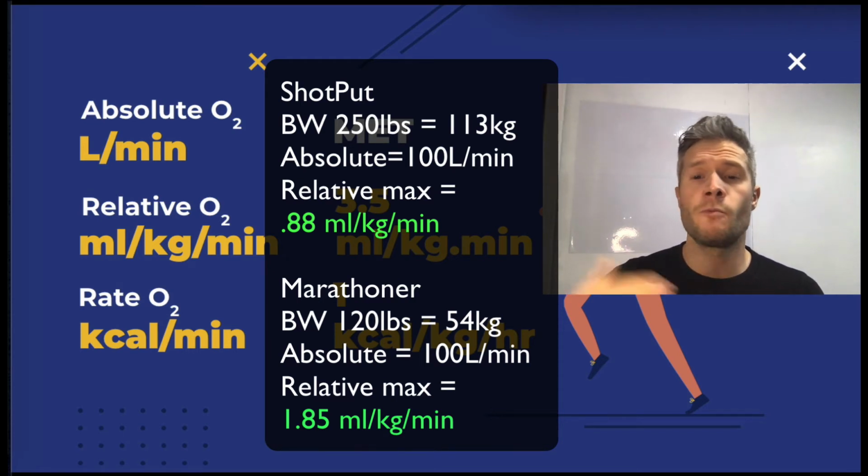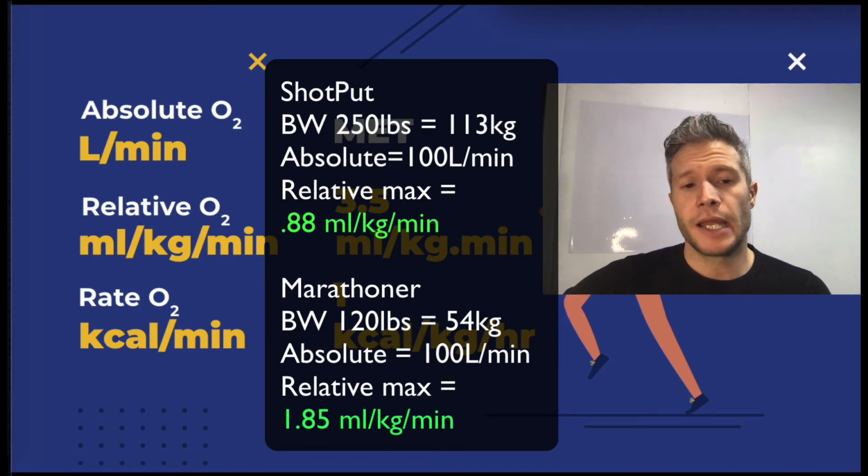They have way less cells in their bodies and don't need to produce that much absolute volume of oxygen for their activity.